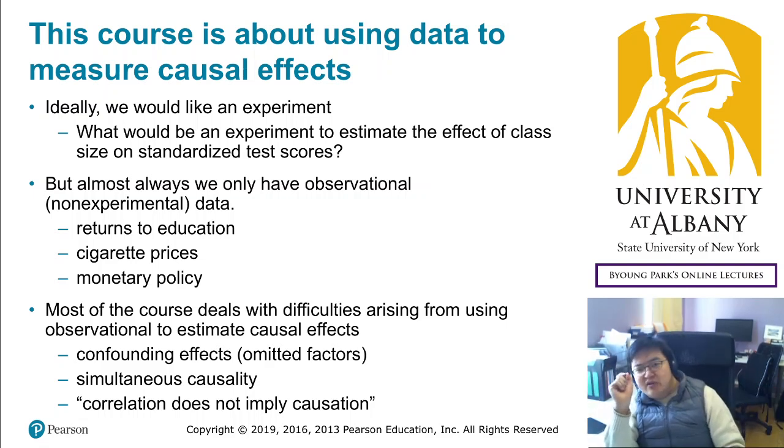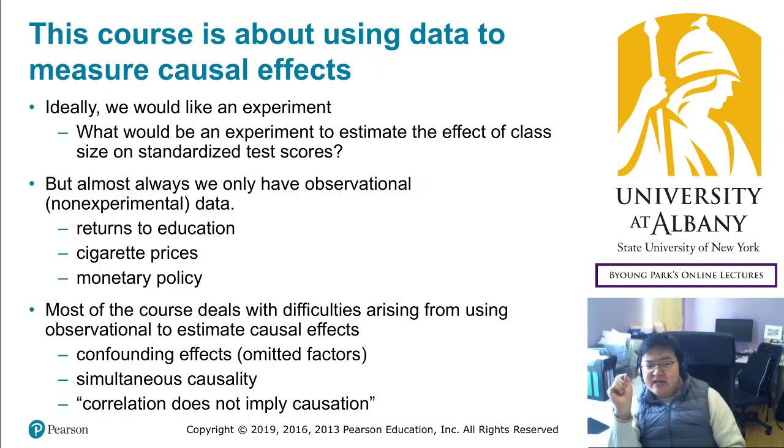So then you may be able to extract some relationship from there. And cigarette prices, similar. Different states have different taxes on cigarettes, across states or over time. So you can see the effect of the variations in taxes. Or monetary policy, also you observe a variation over time in interest rates. Then what was the effect of those interest rates?